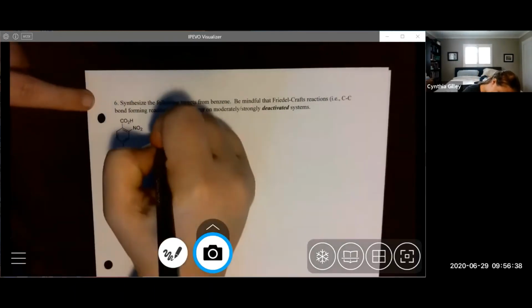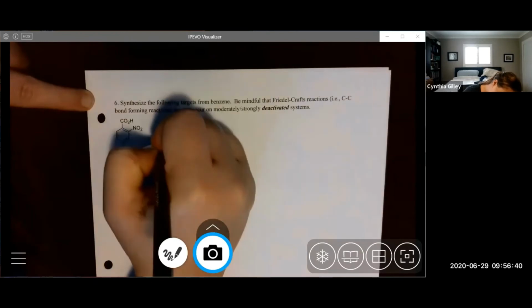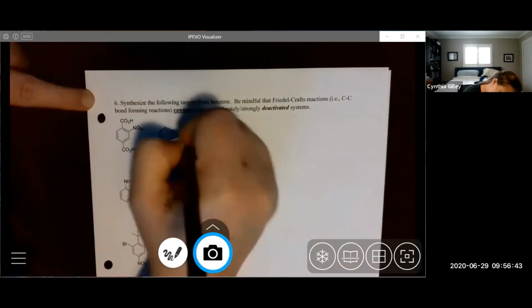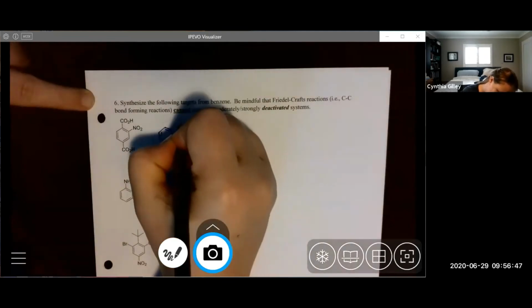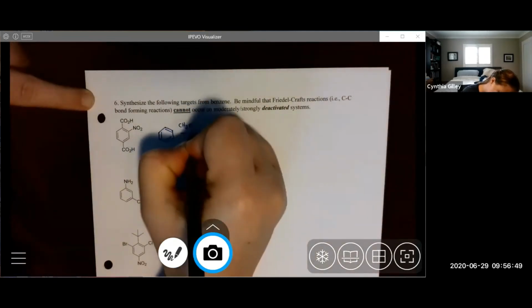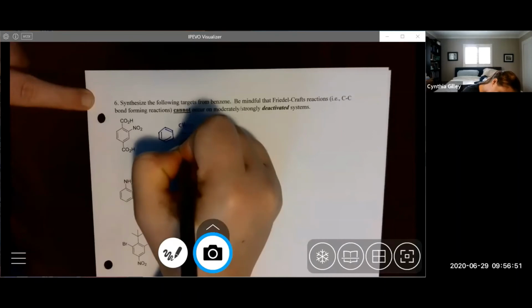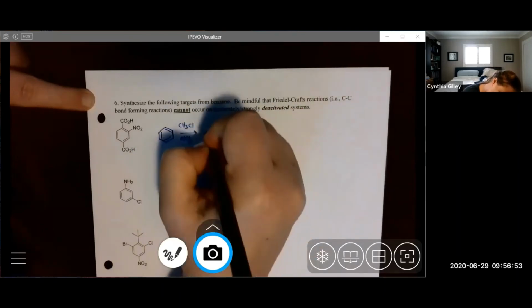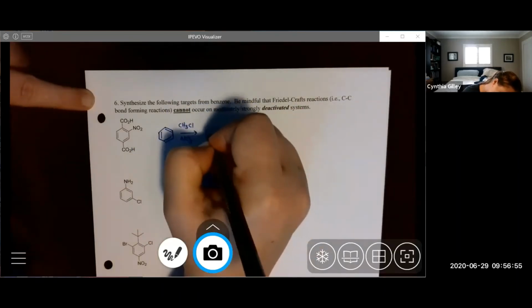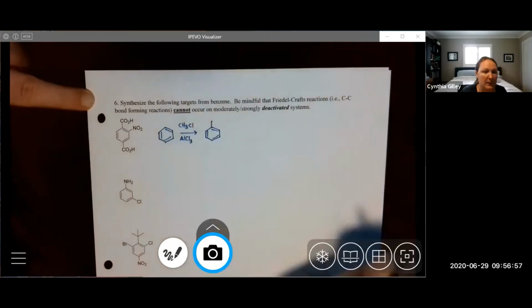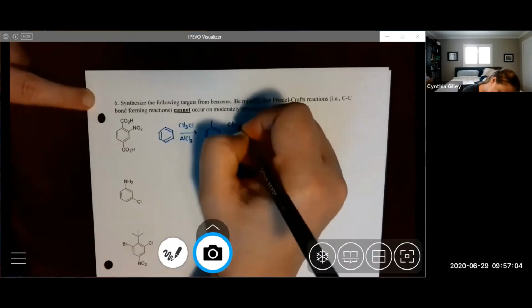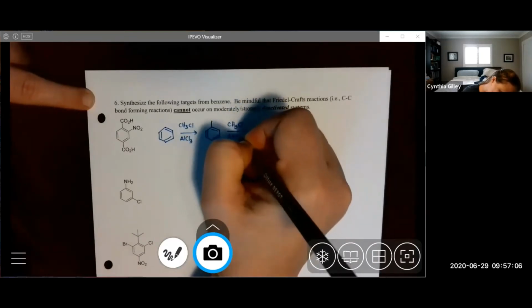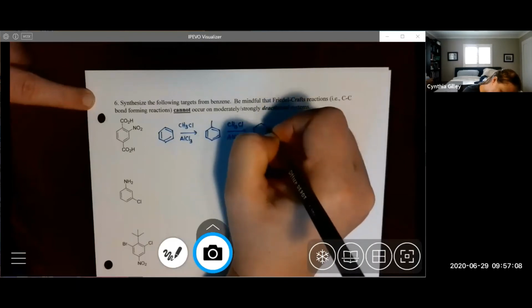So if I start with benzene, I can do a Friedel-Crafts alkylation. Introduce a methyl group. Now that is an ortho-para director. So if I do it again, the next one will go para to the original methyl.